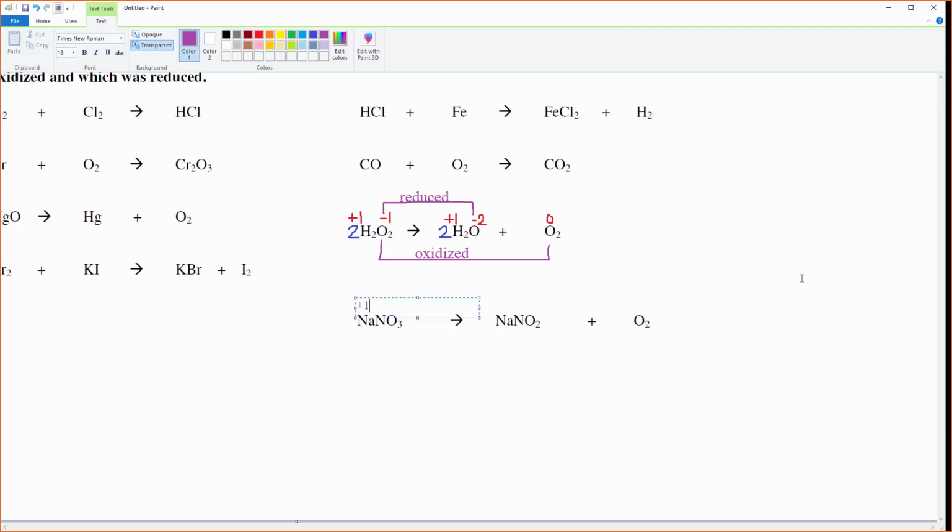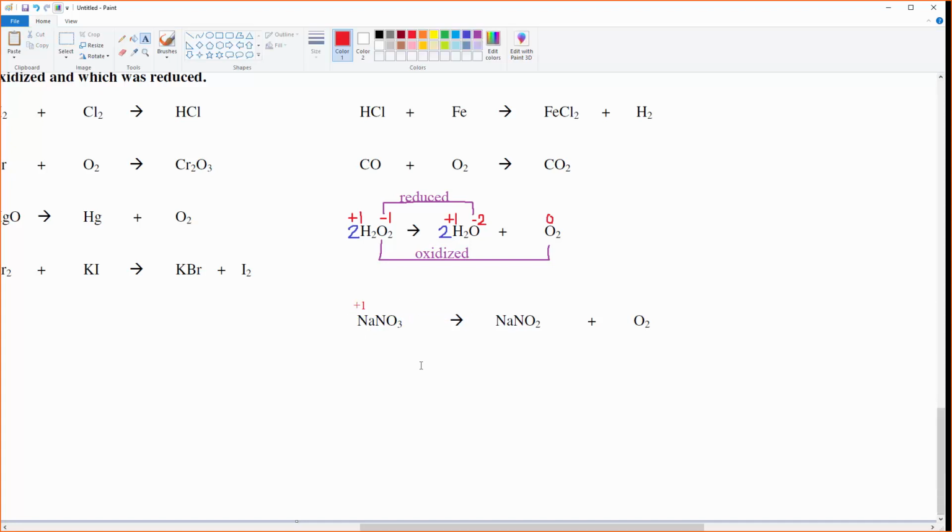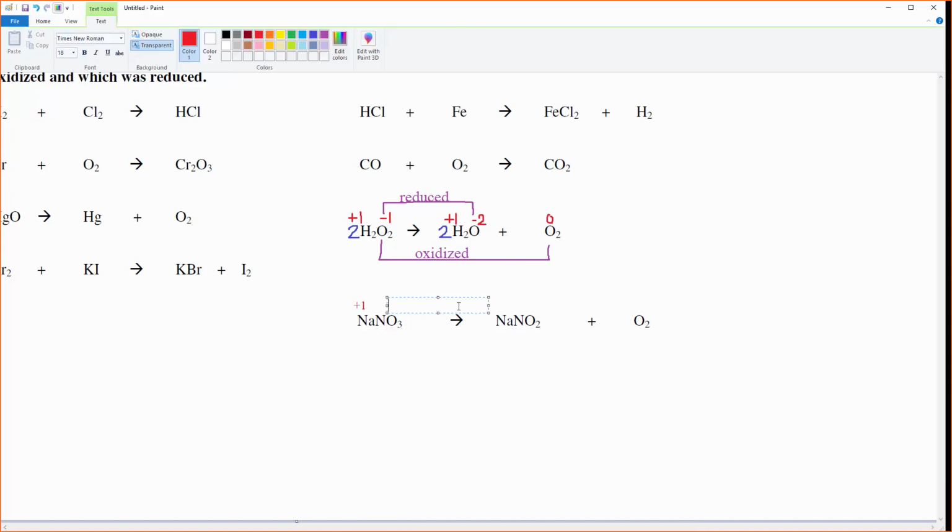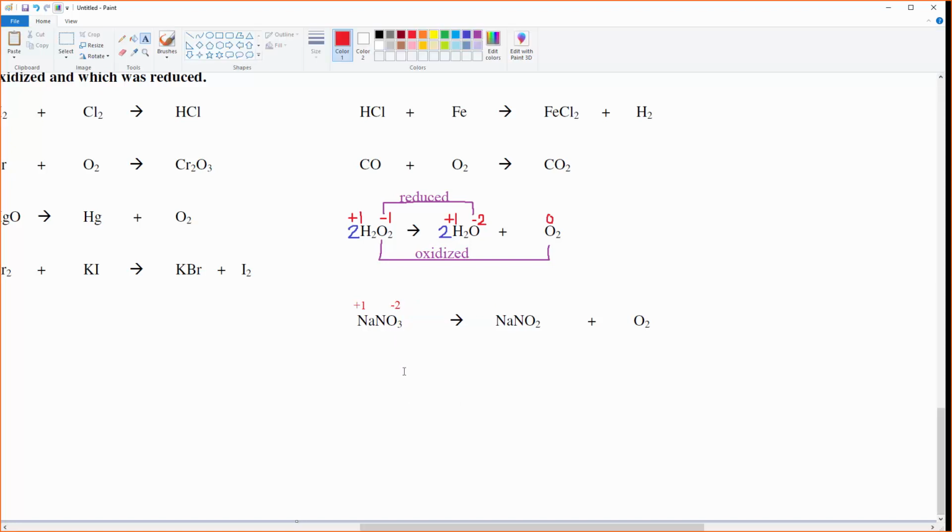Perfect. +1. Excellent. I'm going to make this red. What else do we know? Good. Oxygen's in that covalent compound. There's no fluorine or hydrogen, so it gets to be -2. Okay. There's 3 of them.